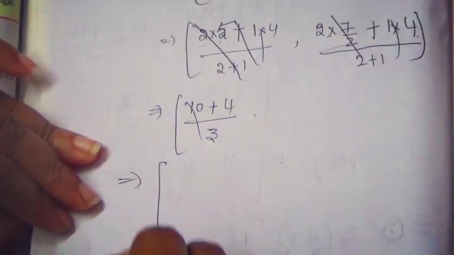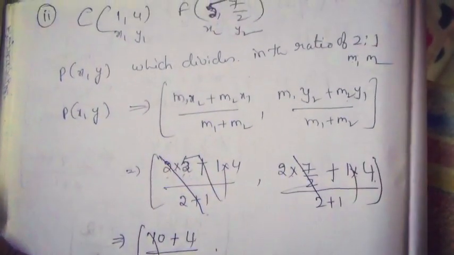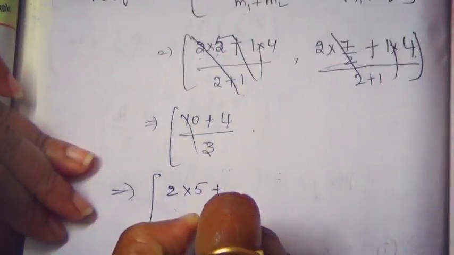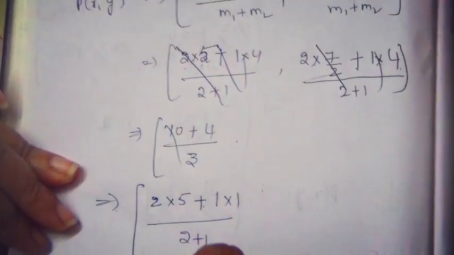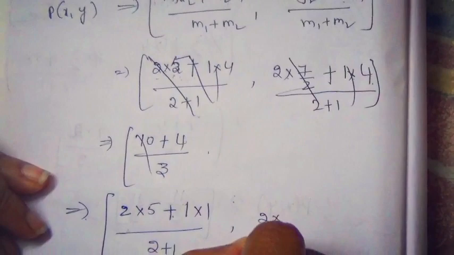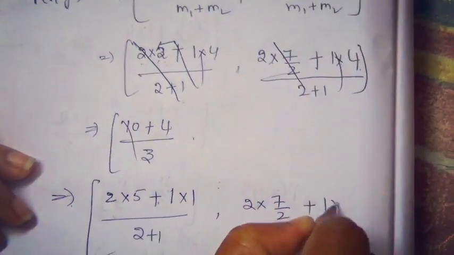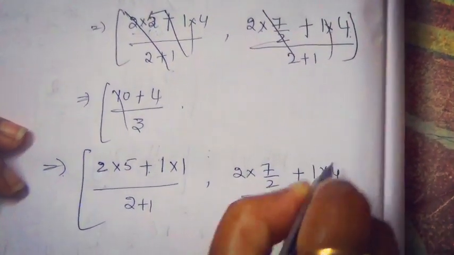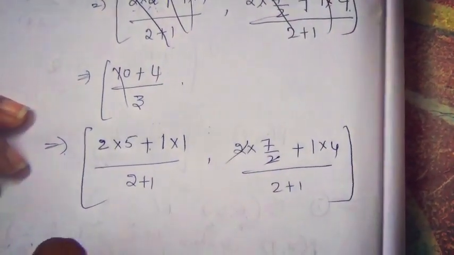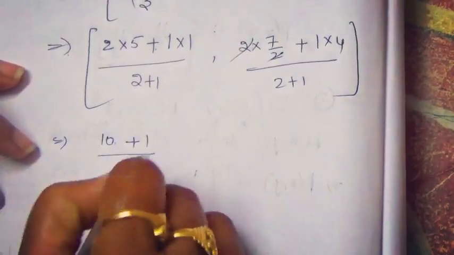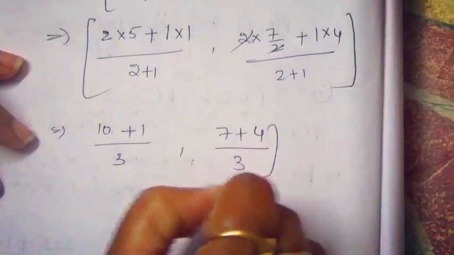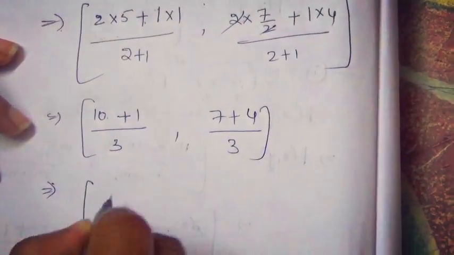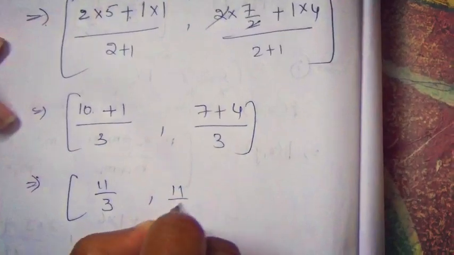It implies m1, that is 2 into 5 plus m2, 1 into 1, by 2 plus 1, and 2 into 7 by 2 plus 1 into 4, by 2 plus 1. Here 2 cancelled, that implies (10 plus 1) by 3, (7 plus 4) by 3. Okay, that implies 11 by 3, 11 by 3.